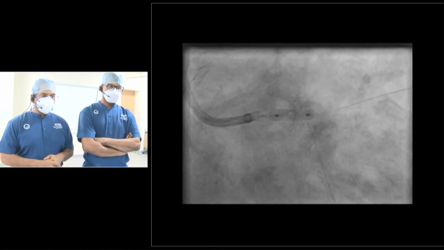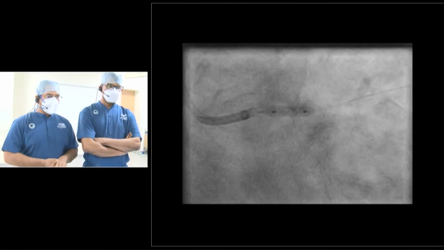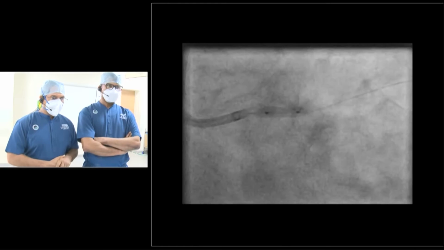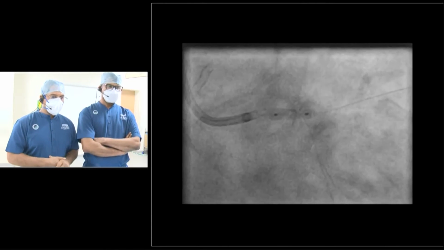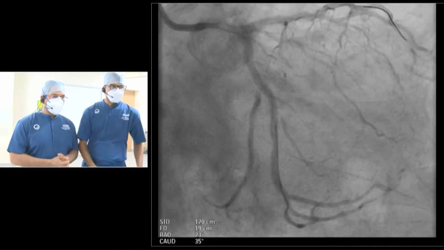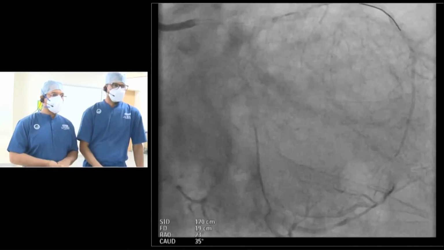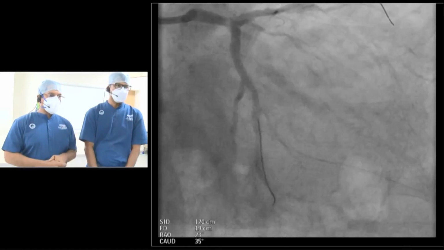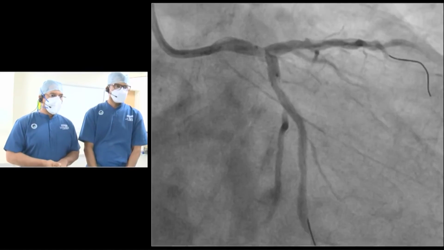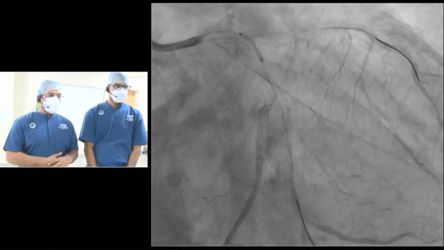We went up to 14 atmosphere. Then we dilated the LAD with a 3 into 12 NC balloon at 14 atmosphere. The pre-dilatation angiogram showed significant plaques in the distal circumflex and the ostium of the circumflex.